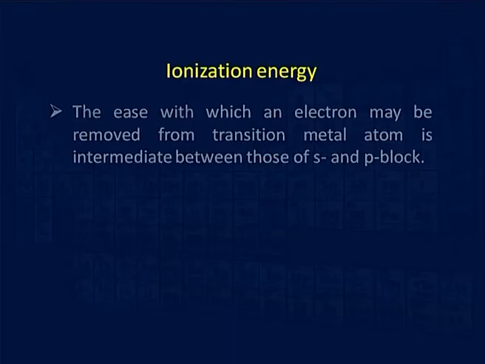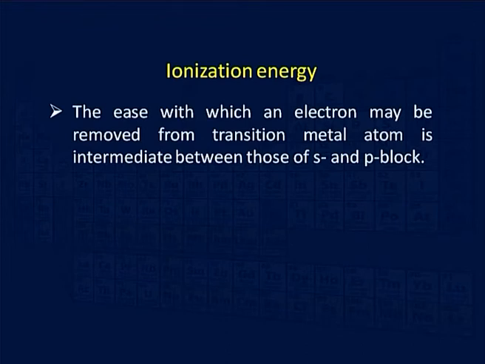The next important property is ionization energy. All of you are aware that ionization energy represents the ease with which you can remove an electron from the transition metal. In fact, the ionization energy of d block metals or transition metals is intermediate to those of s as well as p block elements.